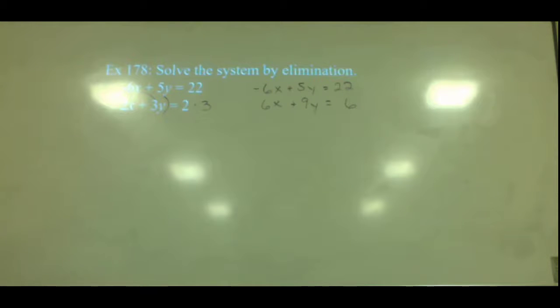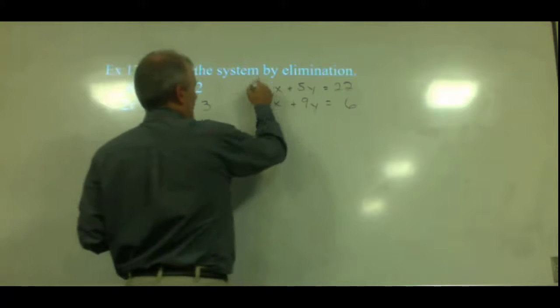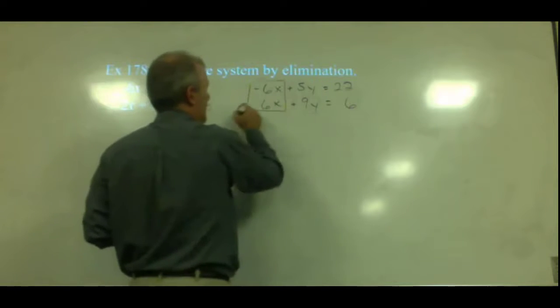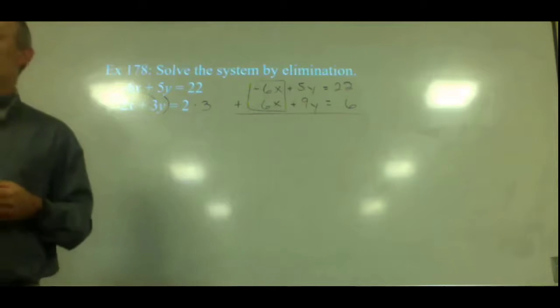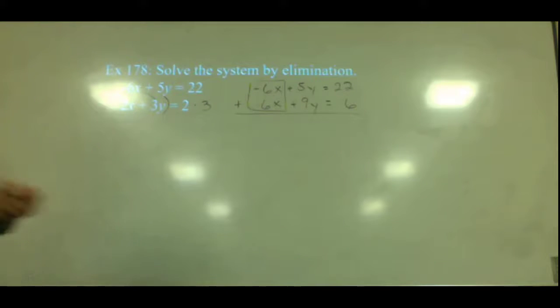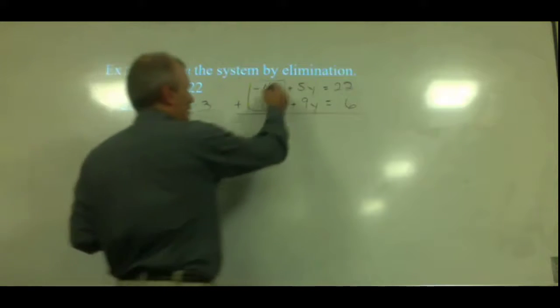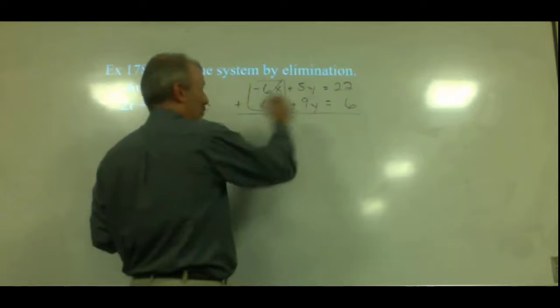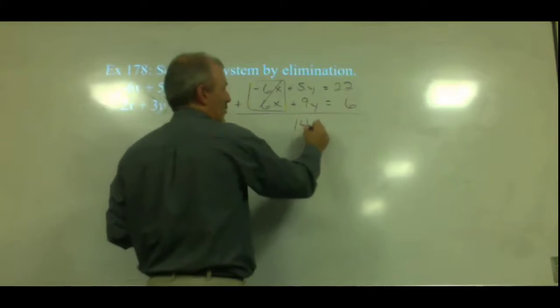Okay, good. So now, again, our goal was to get something to match up as opposites, right? And once they match up as opposites, now we can add them together. So what happens with these x's? They're going to cancel. That was the whole point of doing that. What do we get for the y's? 14y.